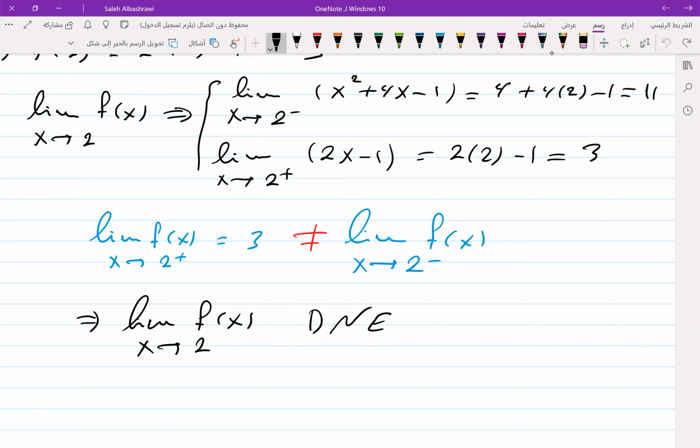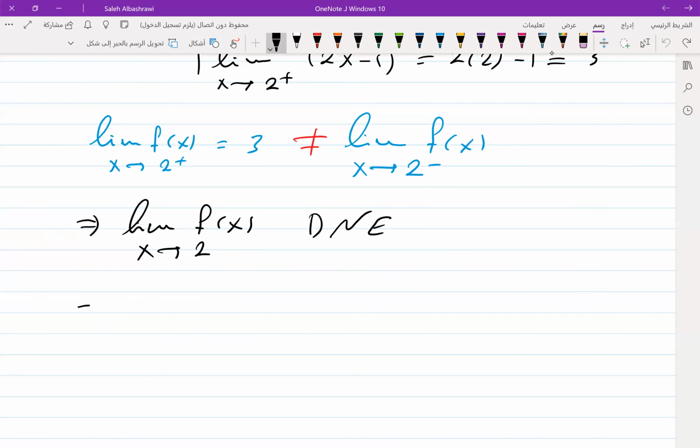So the second condition is not satisfied, which means the function f of x is not continuous at x equal to 2.